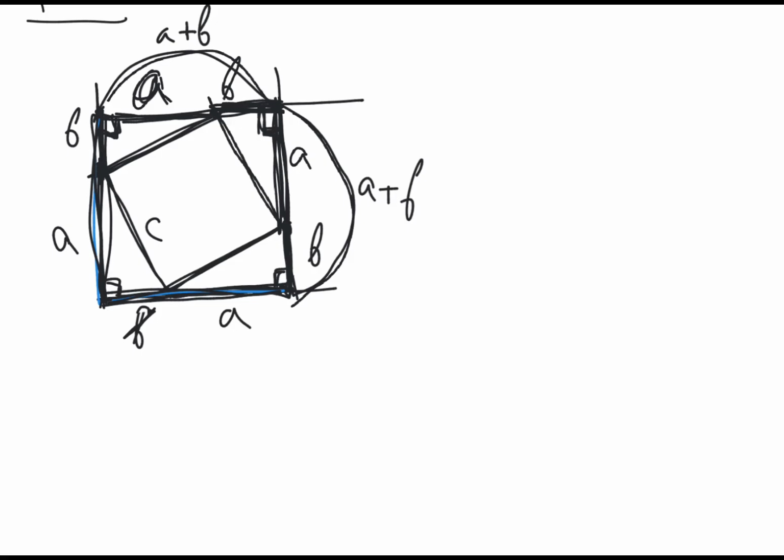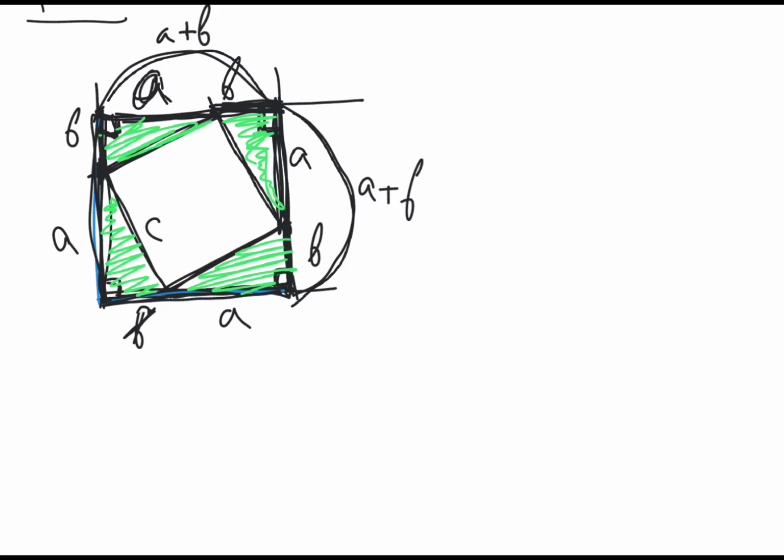So notice that we have these four right triangles. So let's highlight them in green. So this triangle, this triangle, this triangle, and this triangle. So these four right triangles, they're all right triangles.